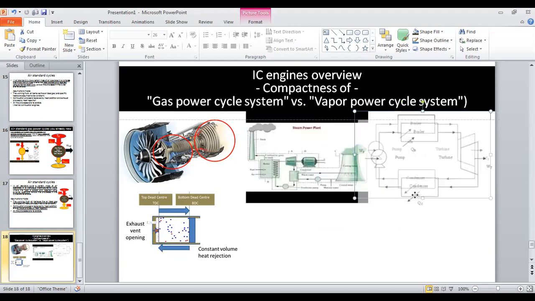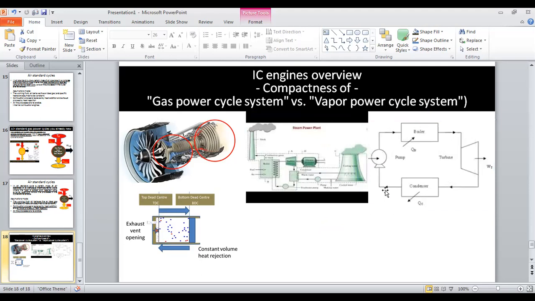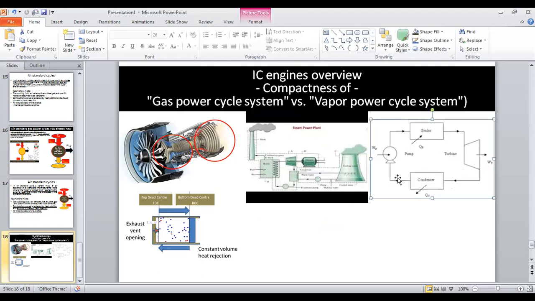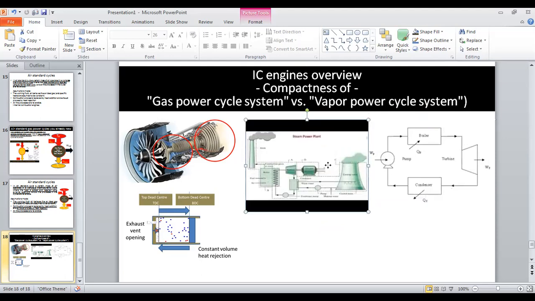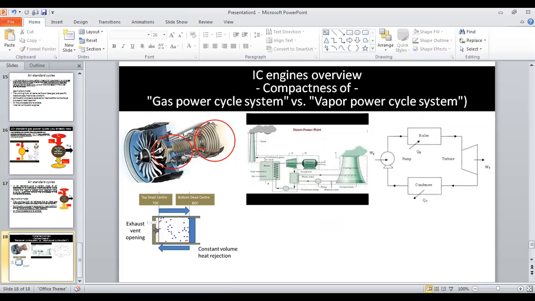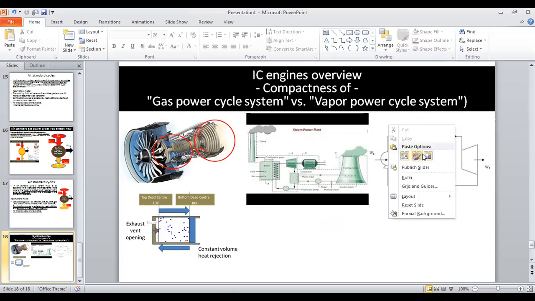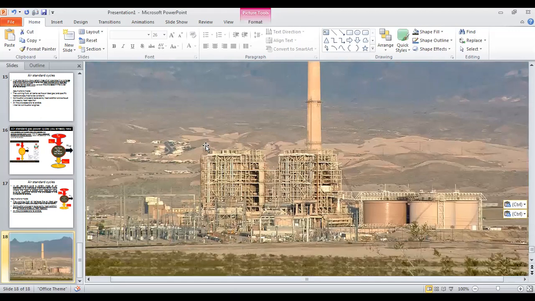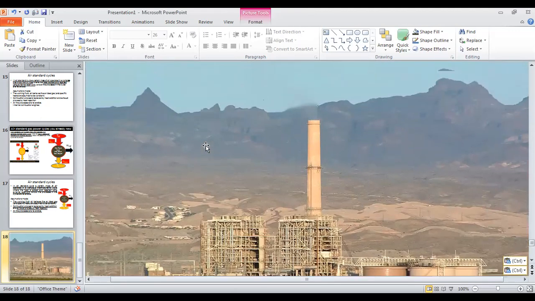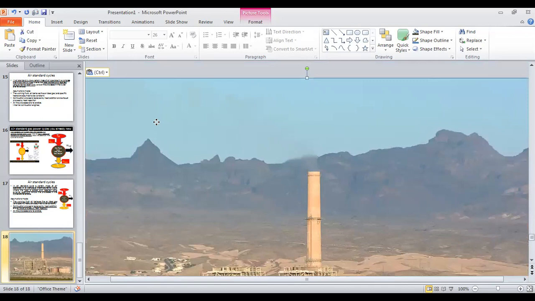So huge that if you see a photograph or a picture of, let's say, a steam power plant, it will be like this. I believe this can be a steam power plant.